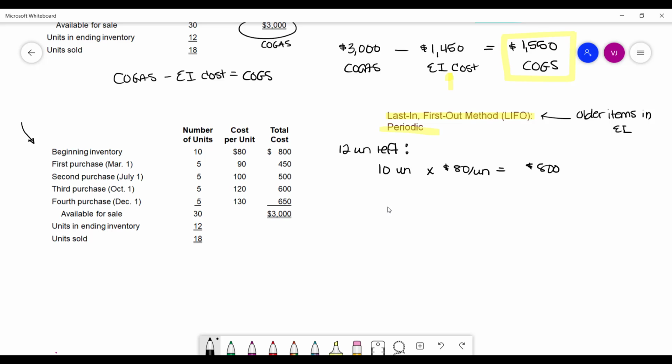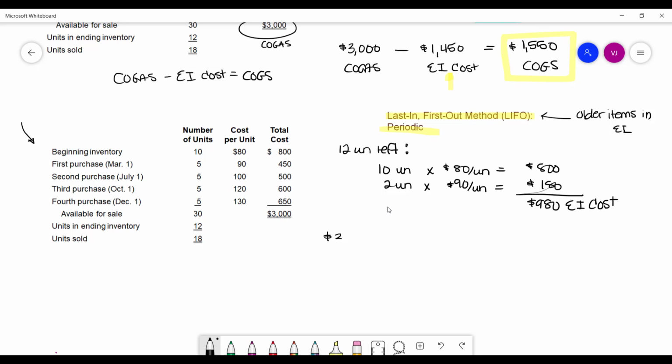And since there's 12 units left, that means we have that entire first layer left over, but then also 2 units left from the July 1st cost layer, and each of those cost us $100 each. Sorry, not $100, $90 each, that second cost layer. That's a total of $180. So under the LIFO method, 800 plus 180 is $980 of ending inventory cost.